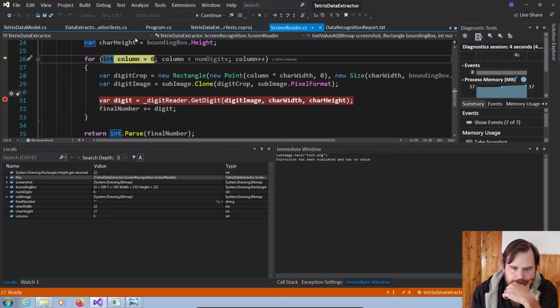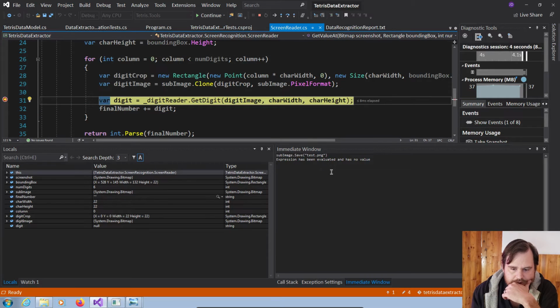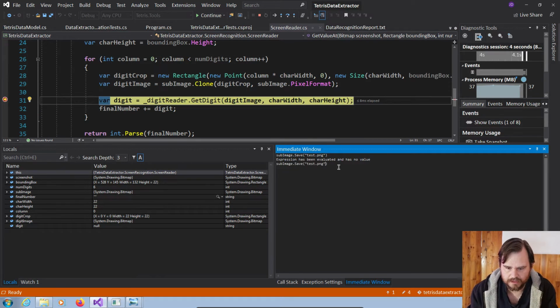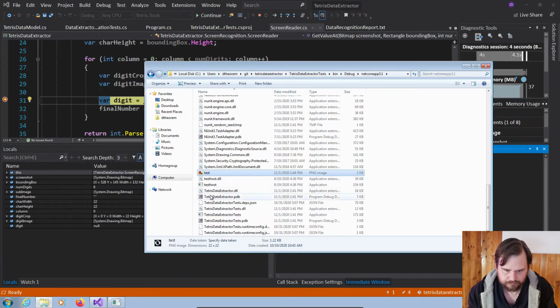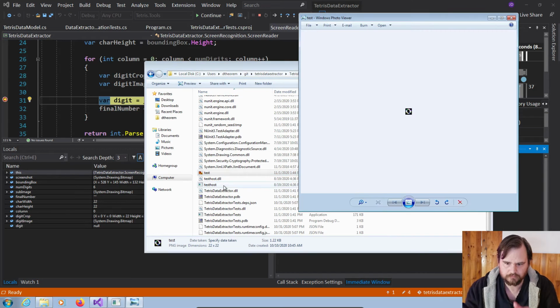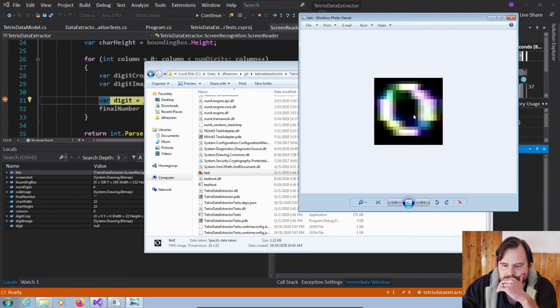Let's put a breakpoint here and look at this digit image. Digit image dot save. And that's fine.